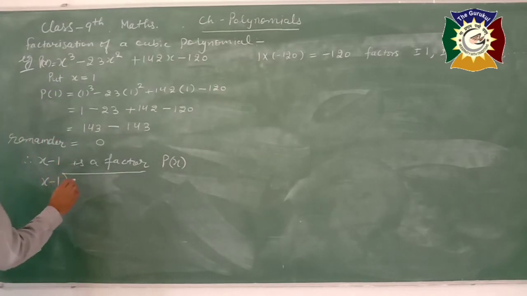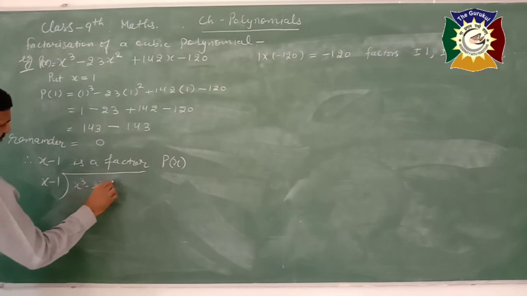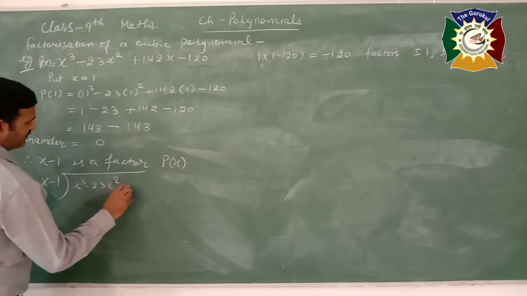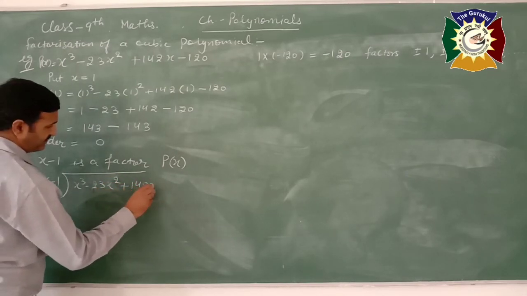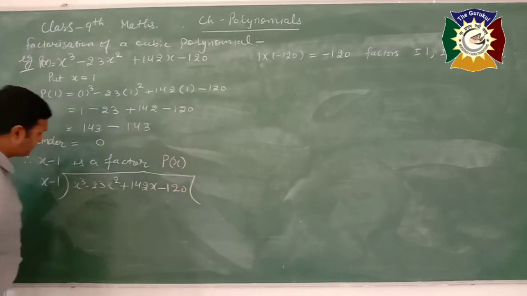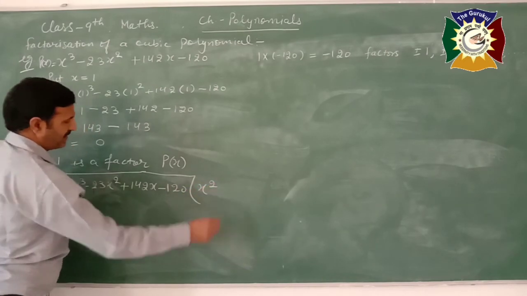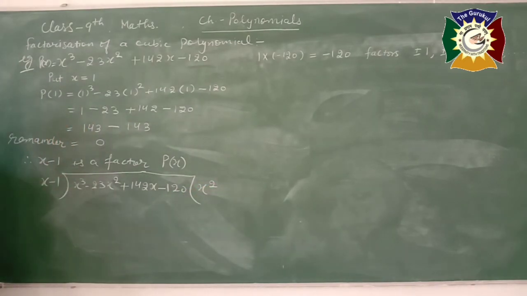The given polynomial is x cube minus 23x square plus 142x minus 120. Divide the first term by this first. x square is the first term of the quotient.